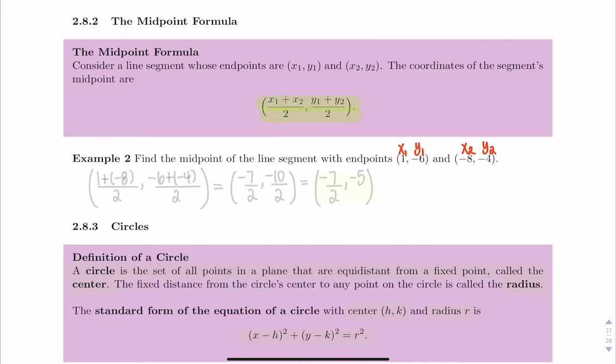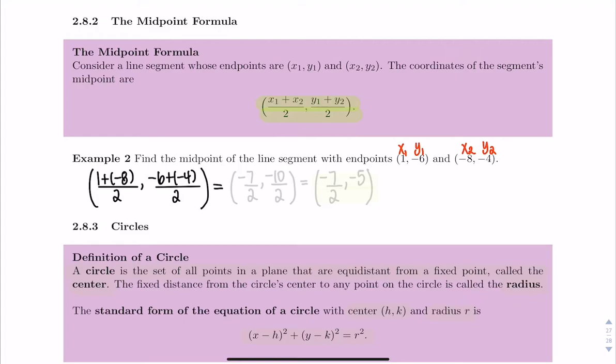So the midpoint, which is x1 plus x2 over 2, is 1 plus -8 all over 2. And the y coordinate is -6 plus -4 over 2.